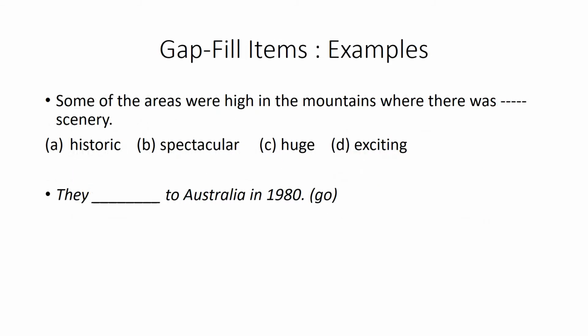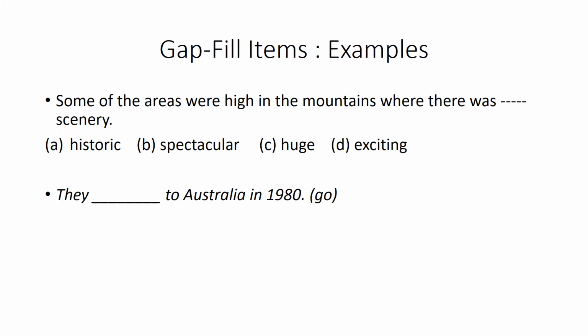As you see from these examples, example number 1 is a gap fill item in the form of a statement, and one of the elements has been deleted by the teacher and replaced by a blank, to ask the student to find out the missing word.